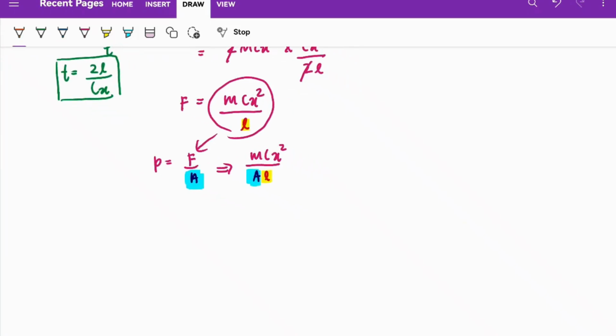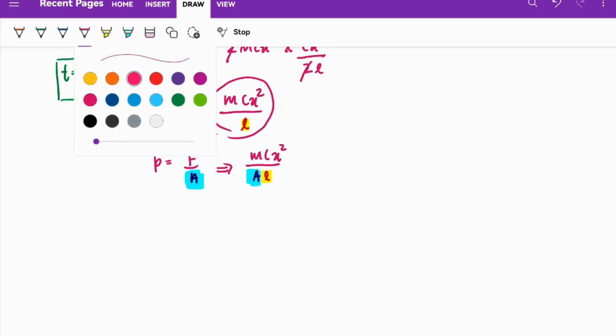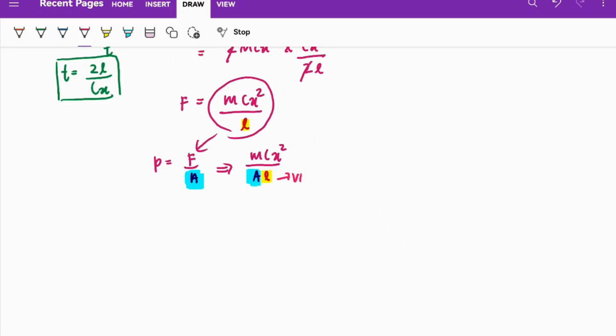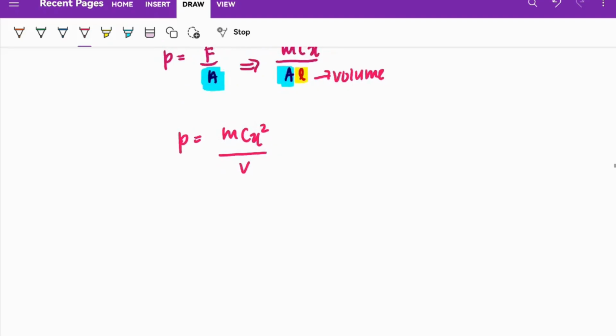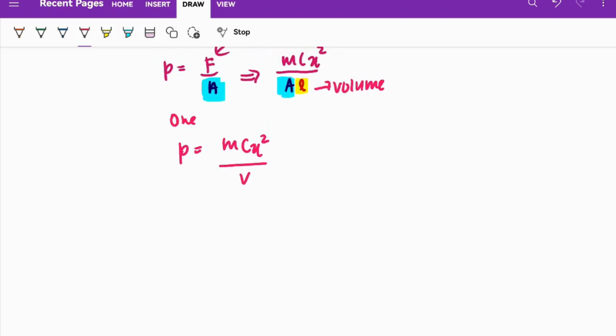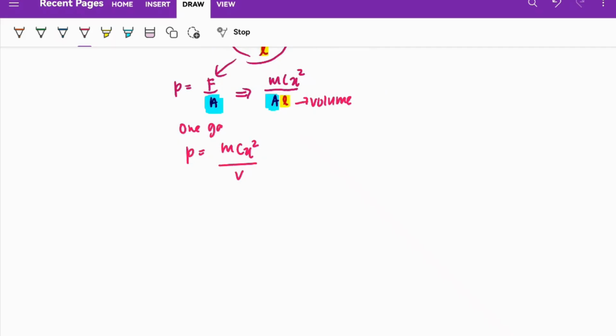AL is actually volume, right? So we can further write it as mcx squared over volume. Okay, this is for one gas molecule. Now let's say I have N number of molecules.